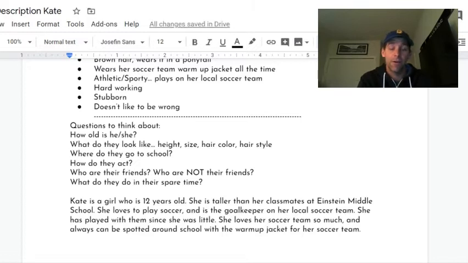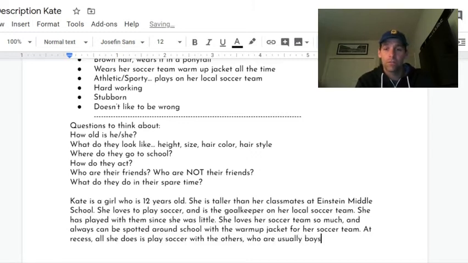And that tells you a little bit about her, that she's somebody who really loves to play, right? At recess, all she does is play soccer with the others who are usually boys. And I'm kind of thinking that she's somebody who likes to mix it up a little bit. She's somebody who likes to get in there, likes to play.